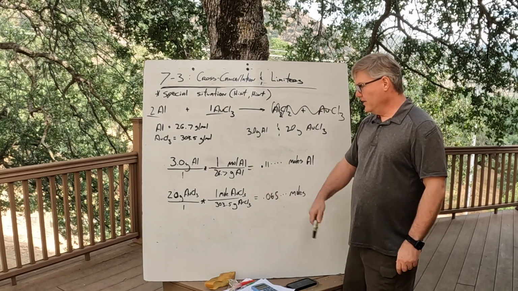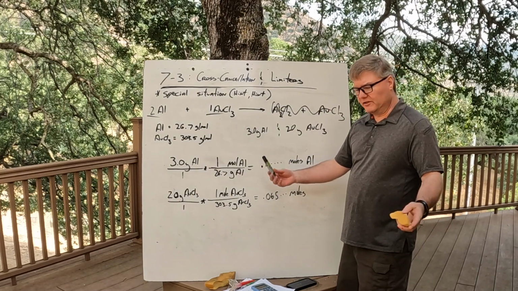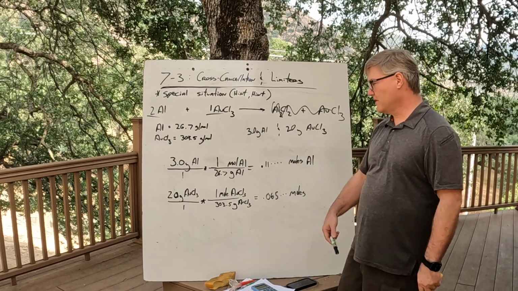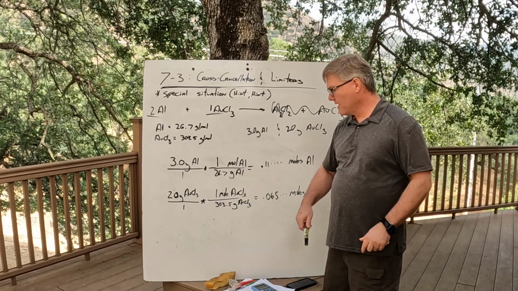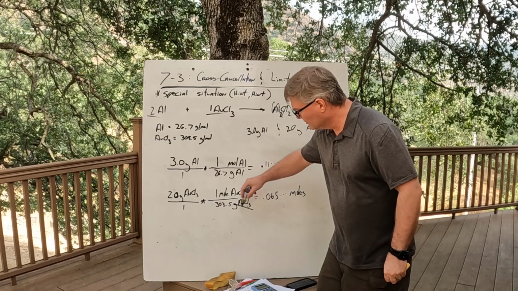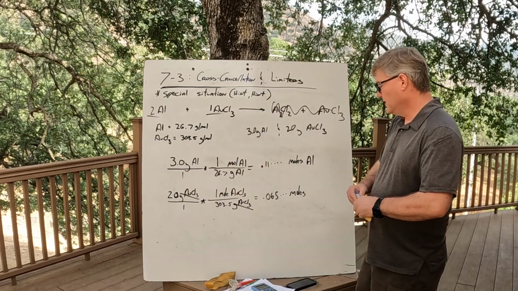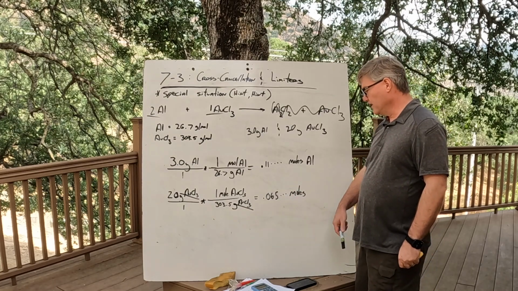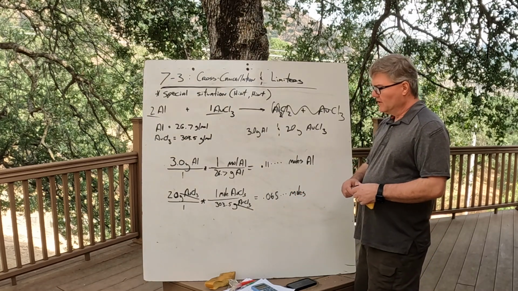All right, down here, same computation, but with the gold chloride. If you used 20 grams of gold chloride and put the molar mass there so that these cancel, then you will end up with moles gold chloride. And this is how many moles it is, 0.065 moles.